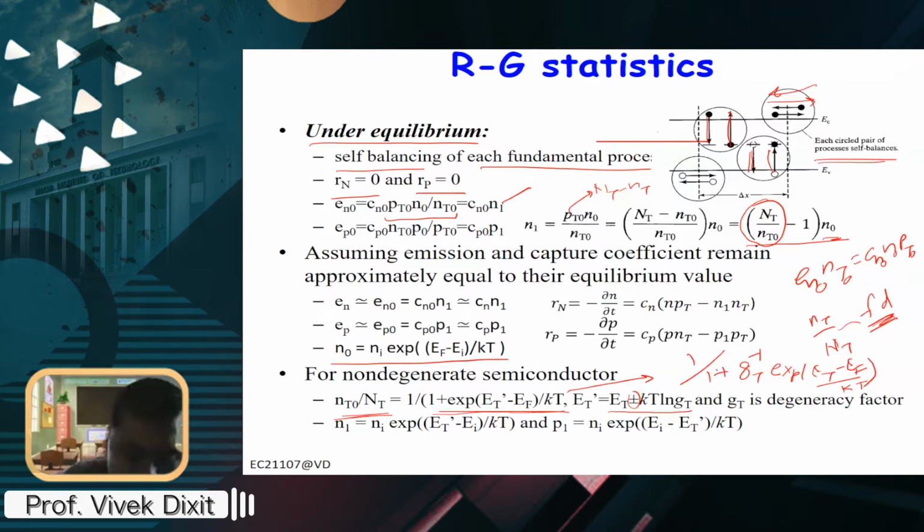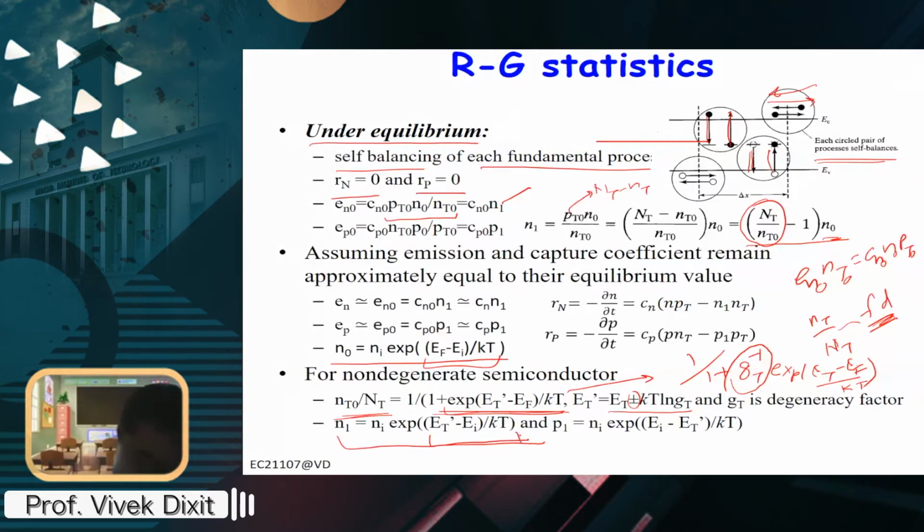Right? So this is just to take care of different degeneracy effects there. So when you multiply this, what will you get? Your N1 will be N naught times capital NT by small nt minus 1, right? So you will just have this exponential. So you multiply this exponential term with this EF minus EI, EF will cancel. So you will have ET minus EI by KT. So this is your expression for N1.